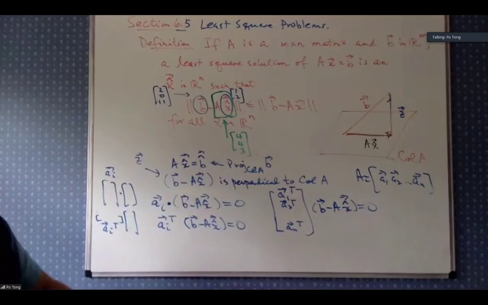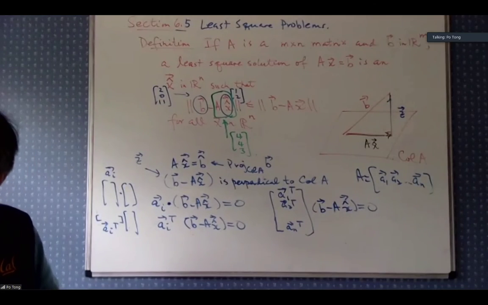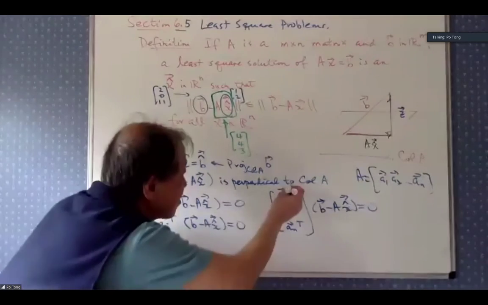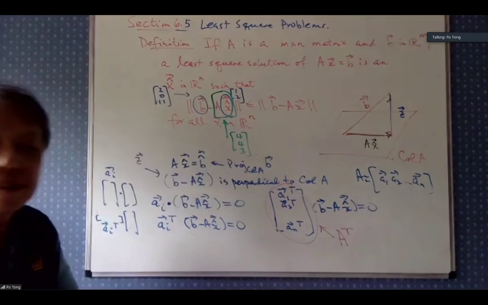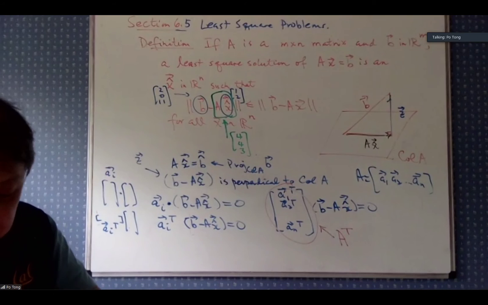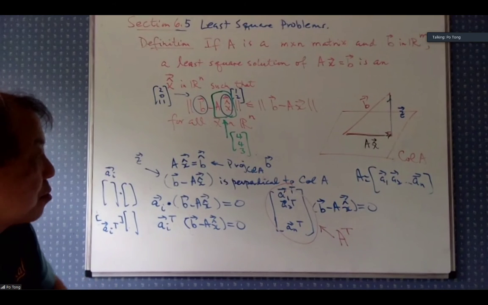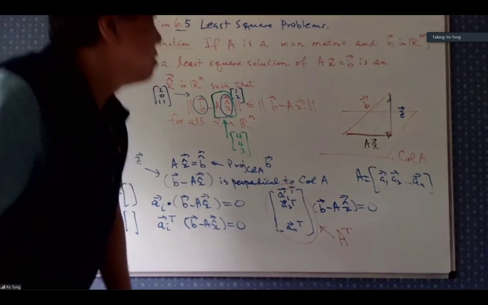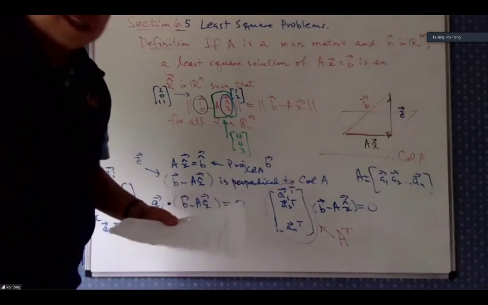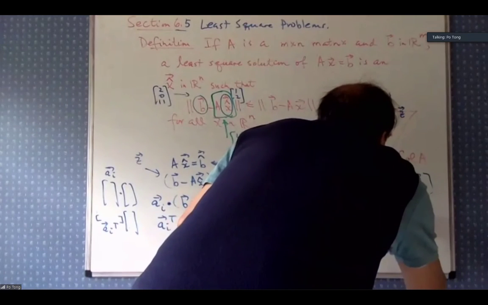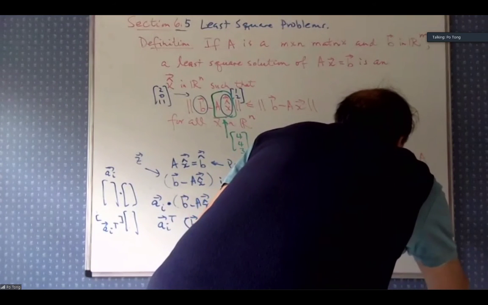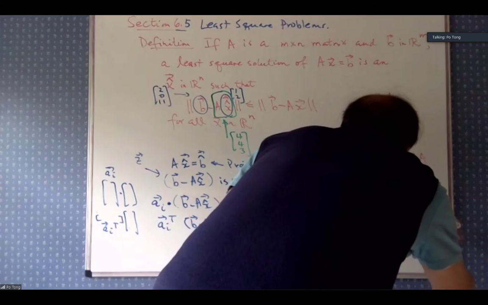Now, this is just A transpose, because I'm basically changing all the columns to rows. So now I have A transpose times (B minus AX hat) is equal to 0.